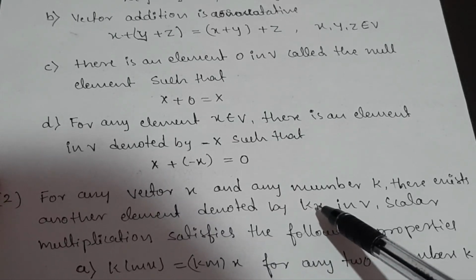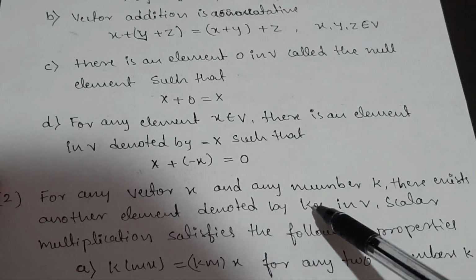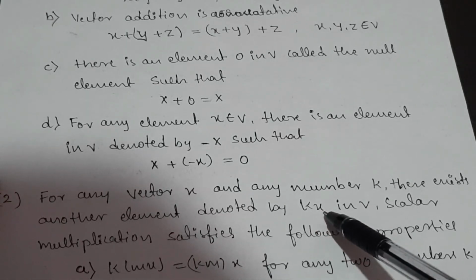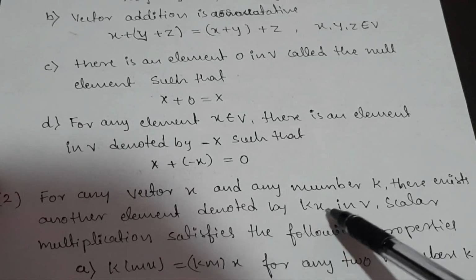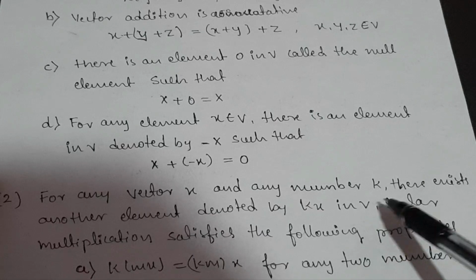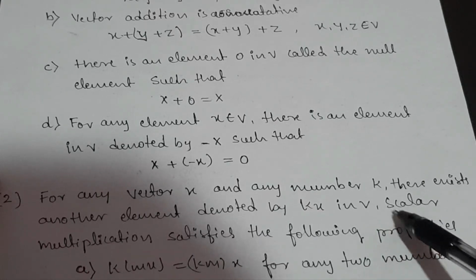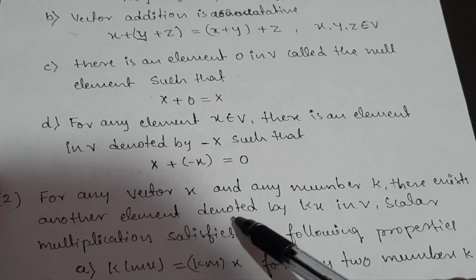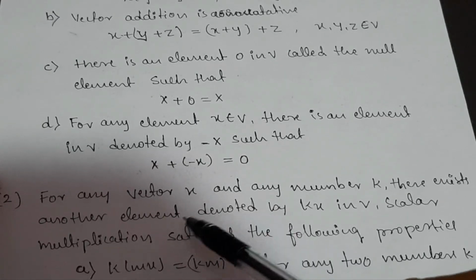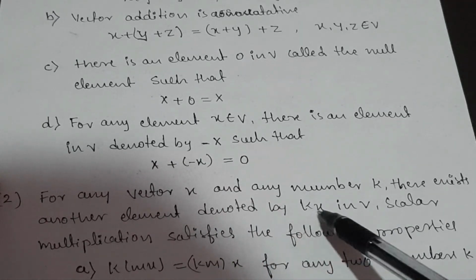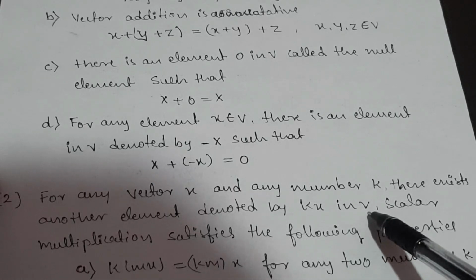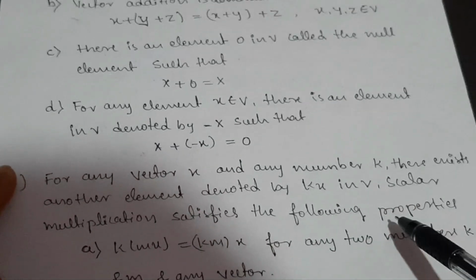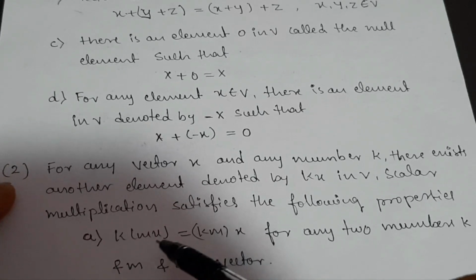As we are calling it scalar multiplication, k is a scalar number and x is a vector, so k times x is in vector space V. If there is a vector x and any number k, then there exists another element, k times x, in the same vector space V. Scalar multiplication satisfies the following rules.